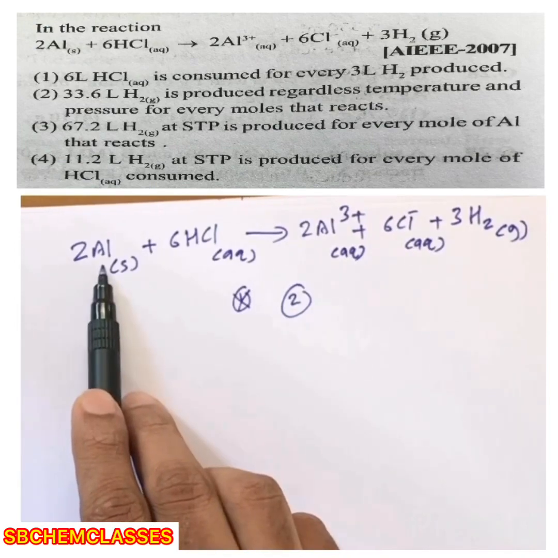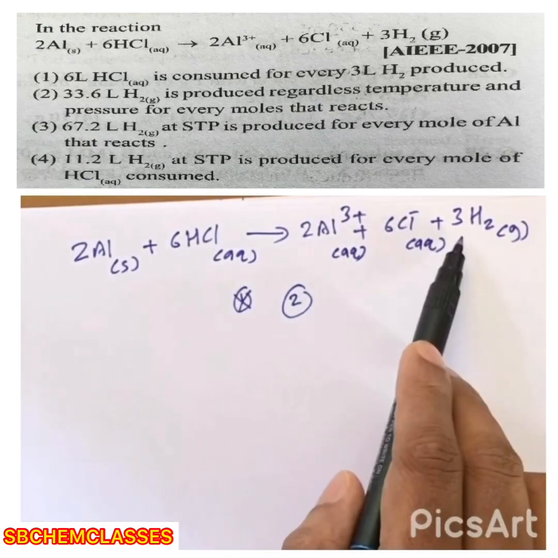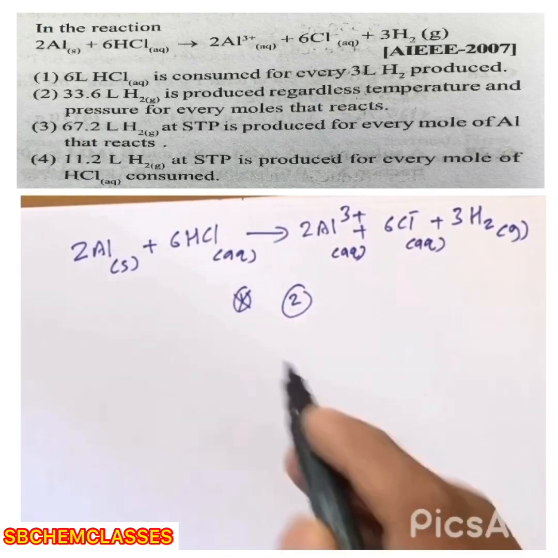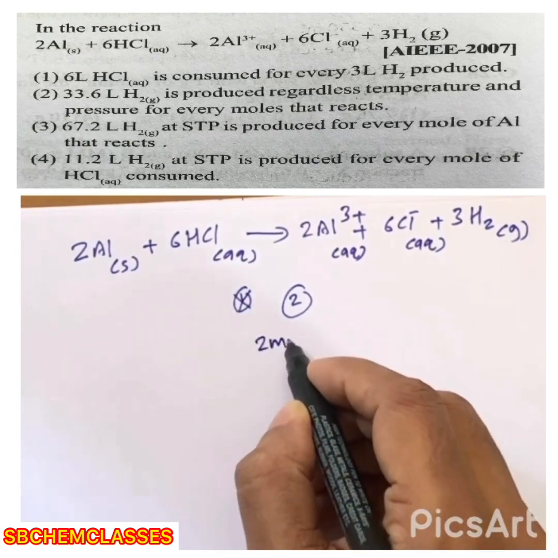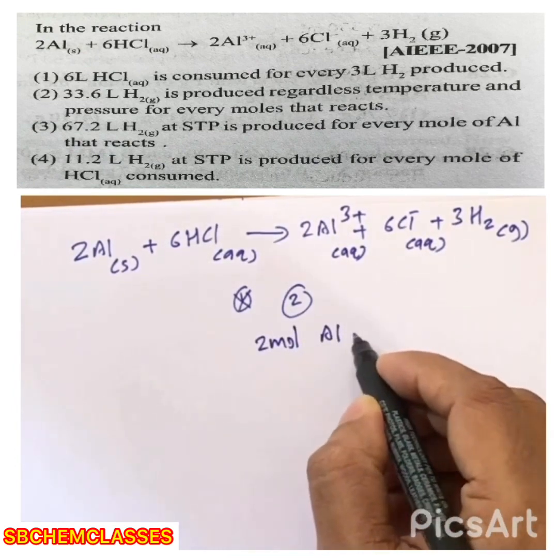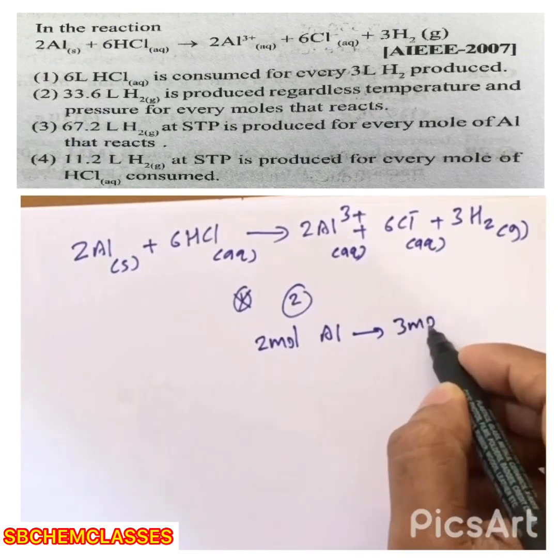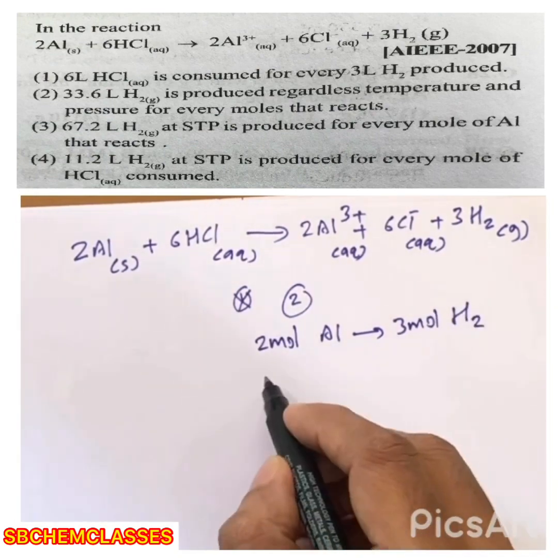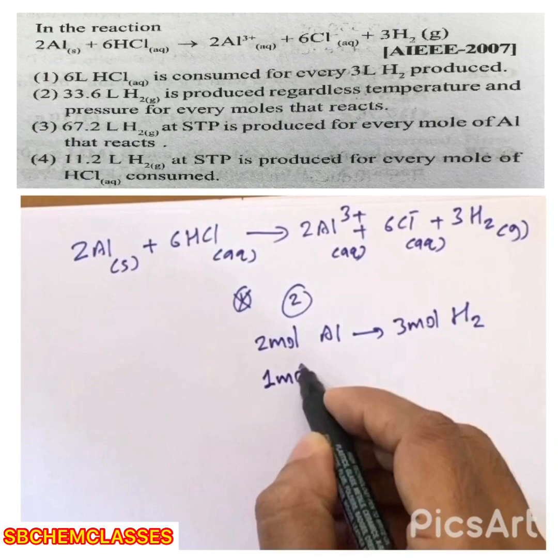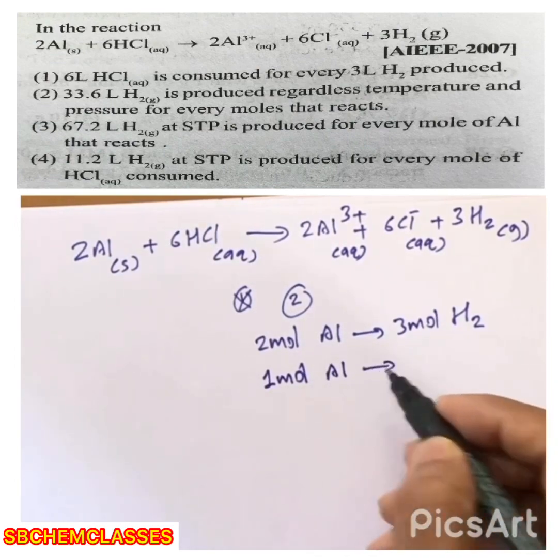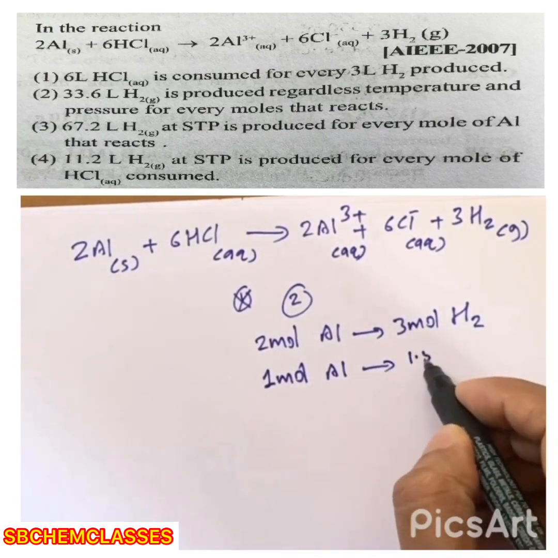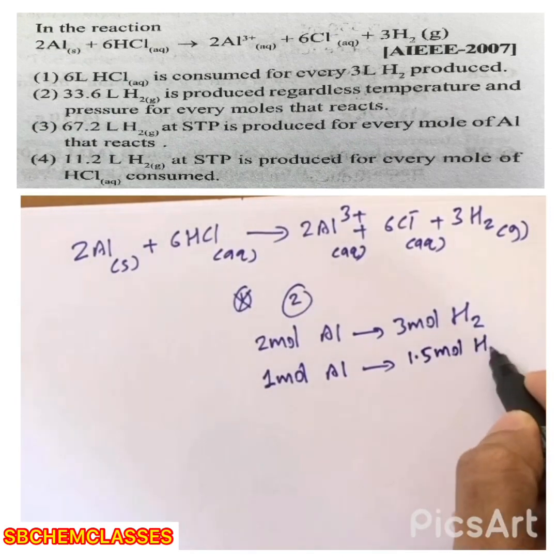If 2 mole aluminium react, 3 mole H2 is formed. Then for 1 mole aluminium, it will be 1.5 mole H2.